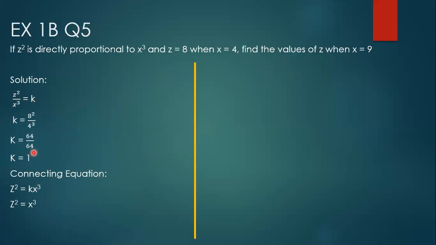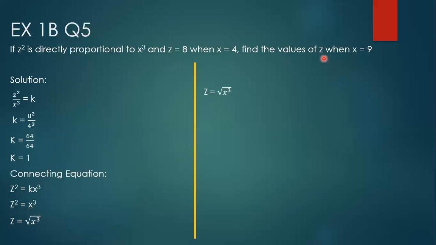Let's replace the value of k with 1. So you are going to get z square is equal to x cube. We need only z, not z square, so you're going to take a square root on the other side. So square root of x cube is your connecting equation. We are going to use this connecting equation and you're going to find the value of z.